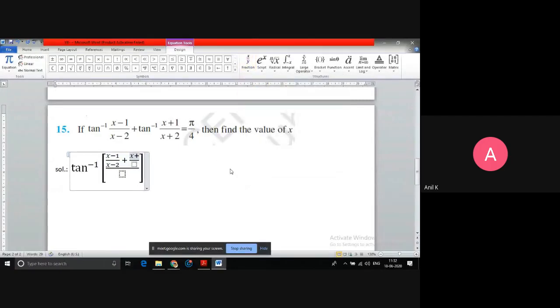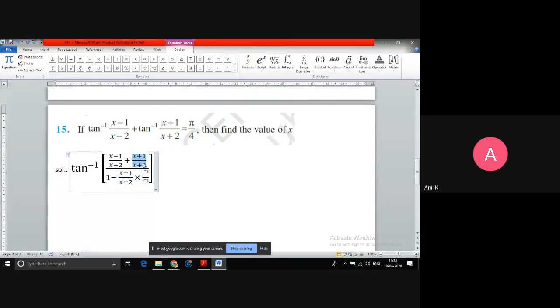So A plus B upon 1 minus A into B. A into B means A itself is a fraction, multiplied by B, which is itself a fraction.